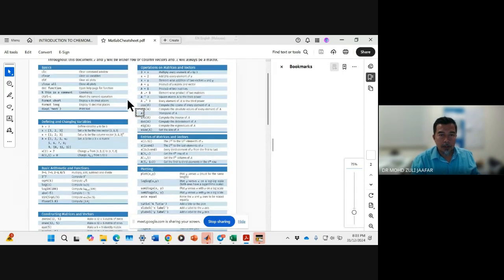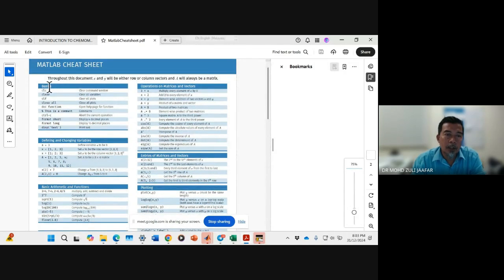So these are the basic terms that we will write in MATLAB programming. CLC, clear, CLF, close all, doc function, command, control C, format short, format long, display text. We will do some of this later while we are implementing MATLAB programming.